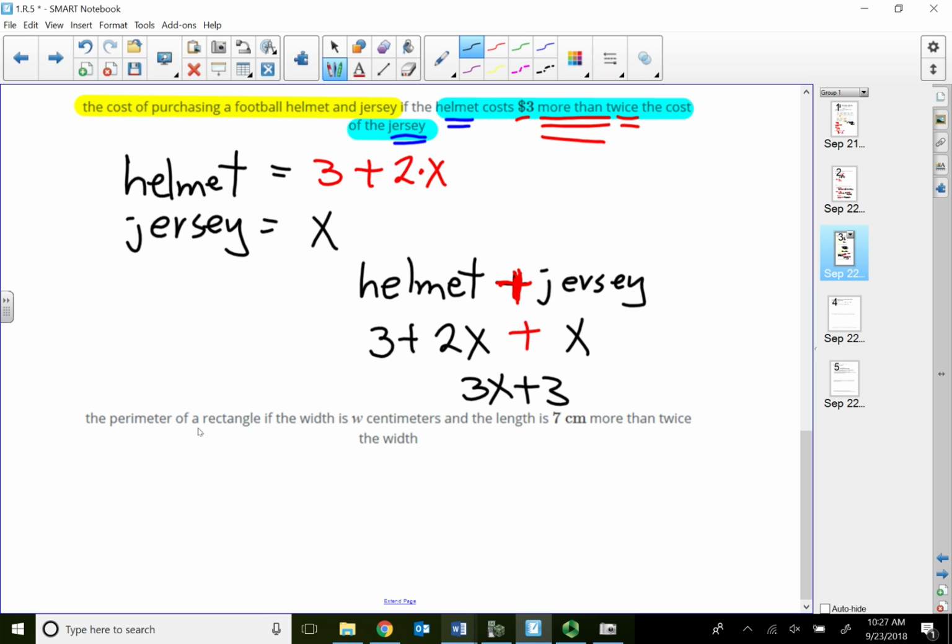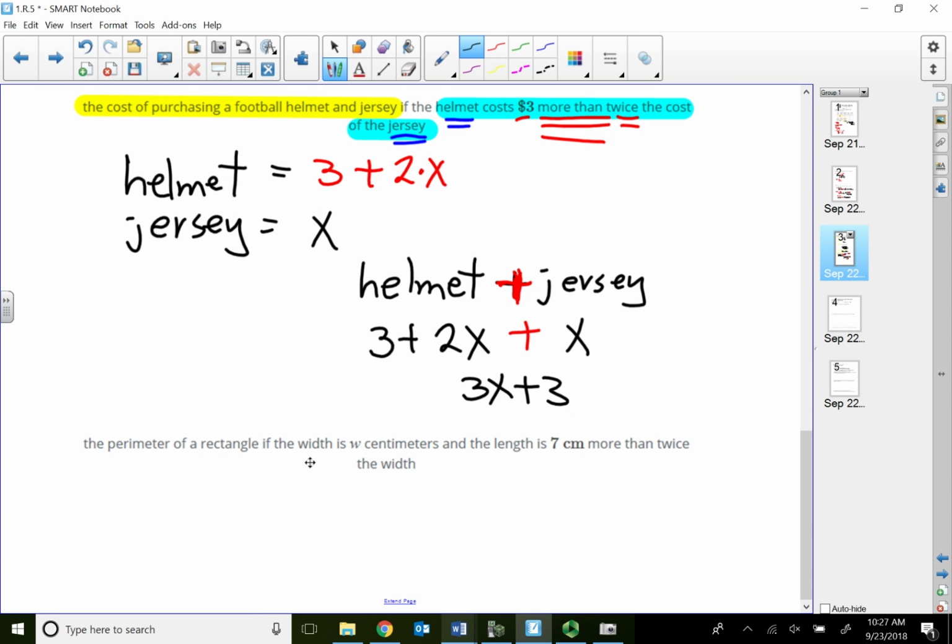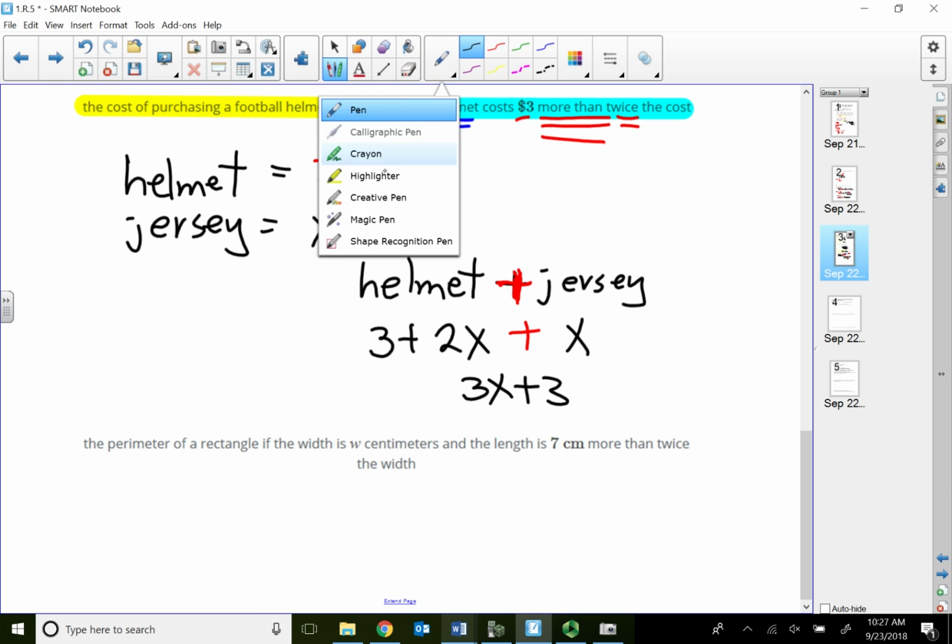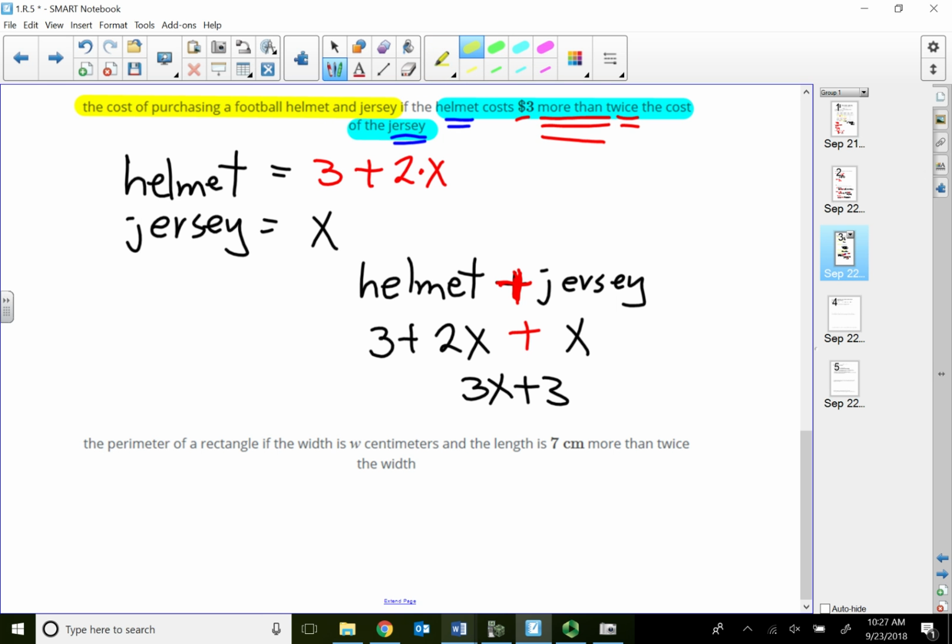All right. This is another similar comparison problem. The perimeter of a rectangle. So my answer needs to represent the perimeter of a rectangle. If the width is W and the length is 7 centimeters more than twice the width.